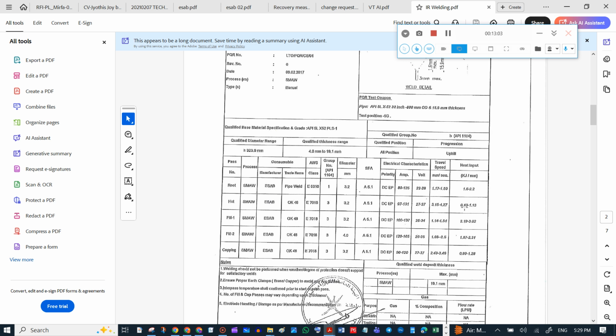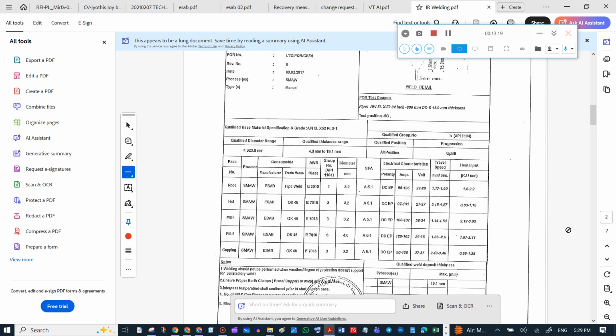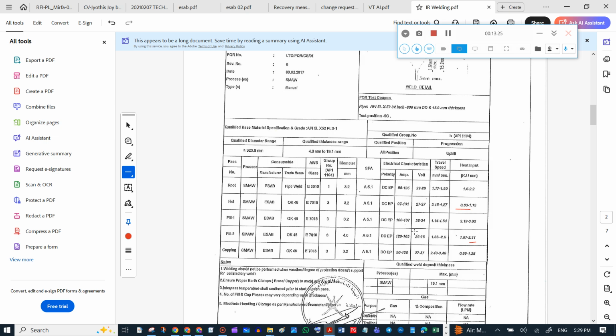So finally the heat input will be 0.83 to 2.31. That is the heat input.